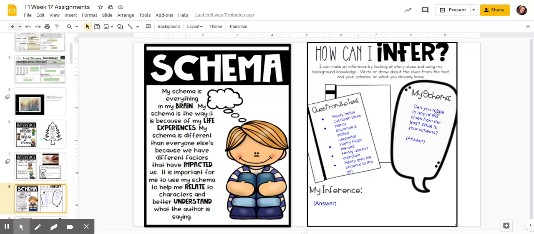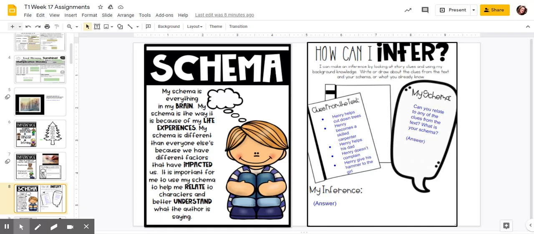So whatever connection you have to one of these clues is going to be your schema. Then you can make an inference about Henry. So, for example, I think Henry is blank, whatever character trait you think he possesses, because I've cut down a tree and I know how difficult that is, or I know how scary that can be, or I know how long that takes.